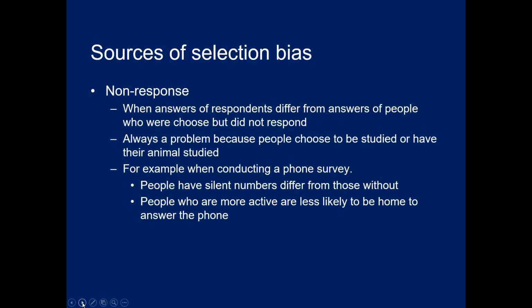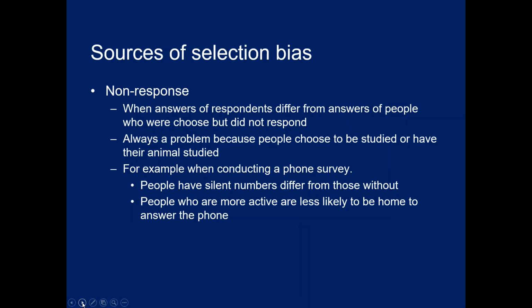Another issue is, of course, non-response. And that's because those people that choose to participate in studies may have different patterns of exposure. And this is always going to be a problem in epidemiology studies, whether we're talking about human medicine or veterinary medicine, because people have to decide whether to participate.